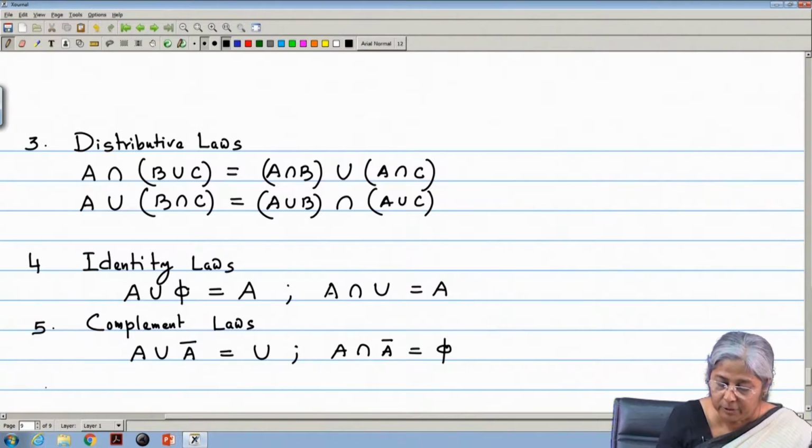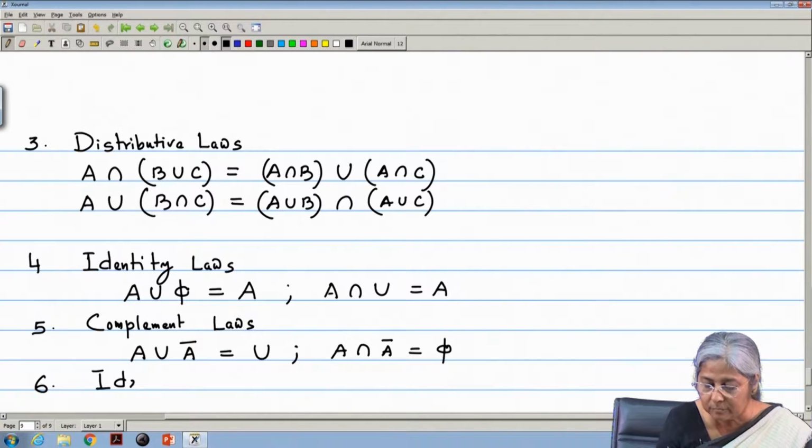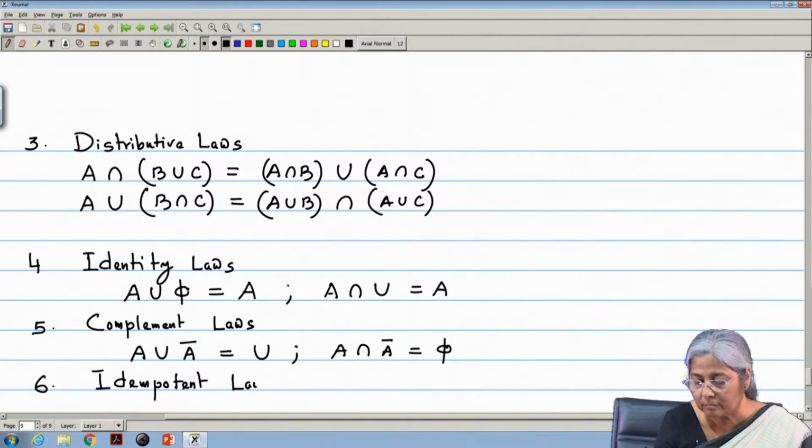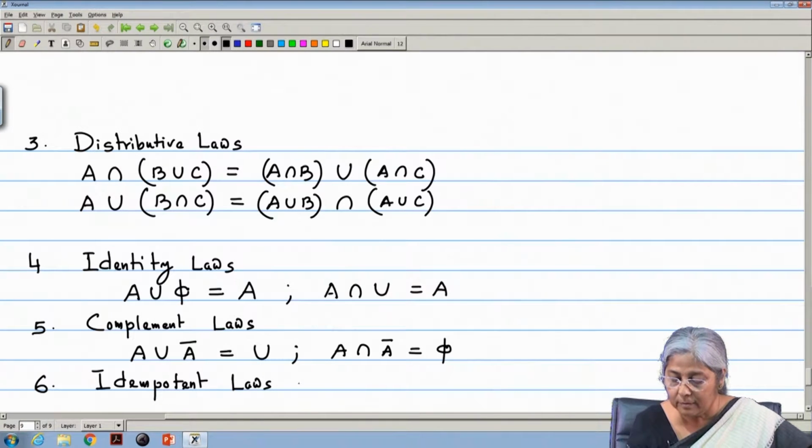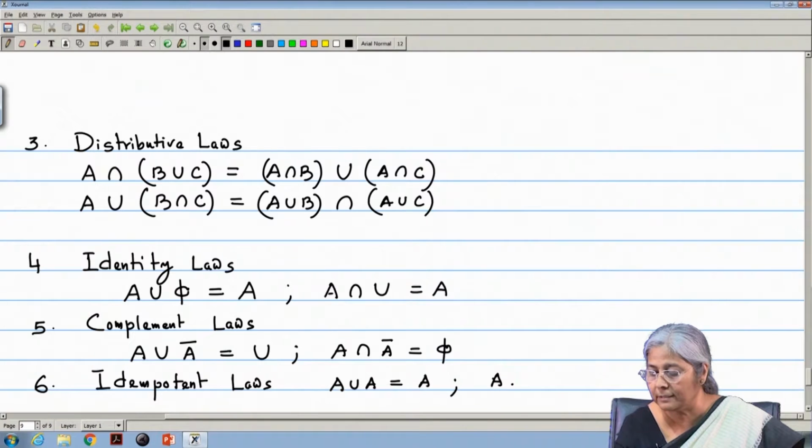Then the idempotent law. So, if I take A union A, which is A itself, similarly if I take A intersection A, this is A itself.